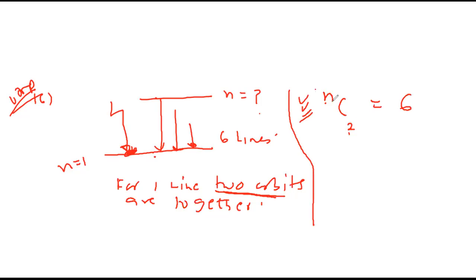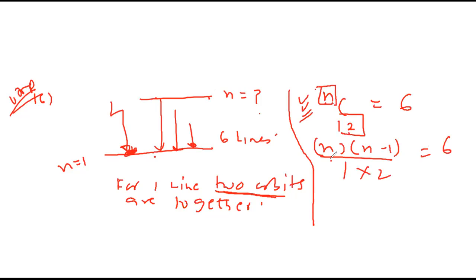Now, if you can get n, that means you know the farthest orbit. Then I can find lambda by using the Rydberg constant formula. So from this you can say n into n minus 1 upon 1 into 2 is 6. You start with n, and since it is 2, we write two terms: one is n, the other is 1 less, upon 1 into 2. So n square minus n is 12.